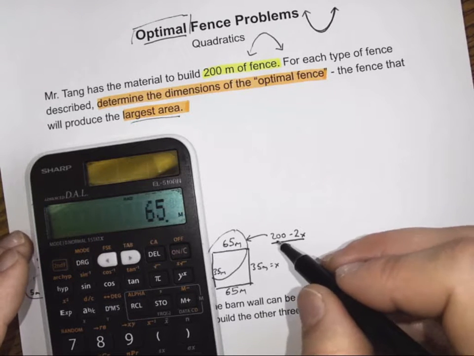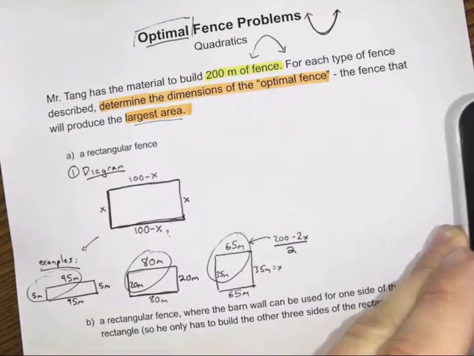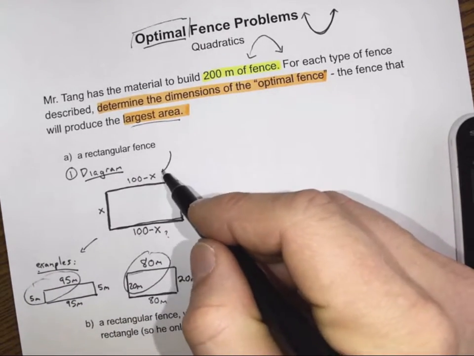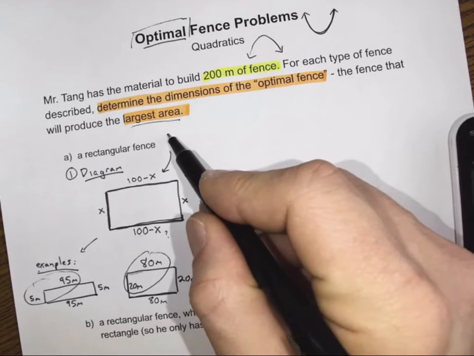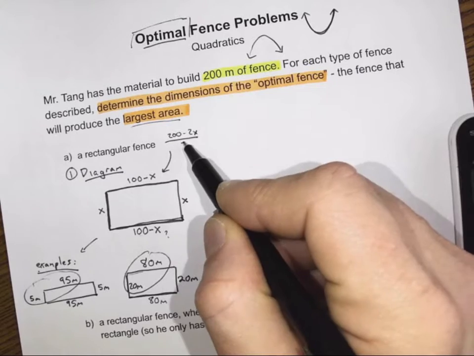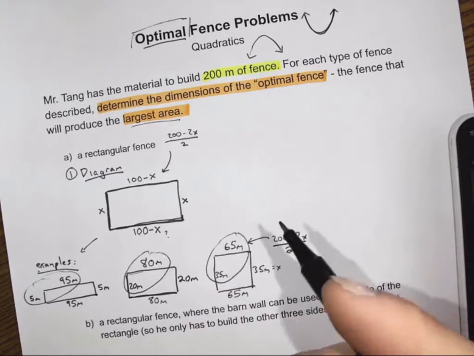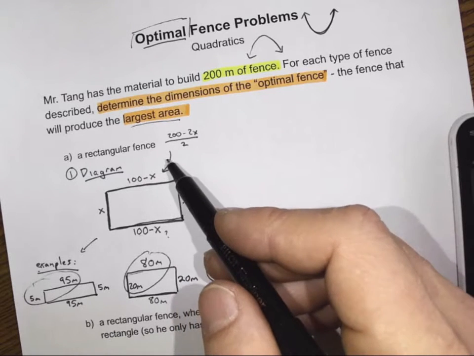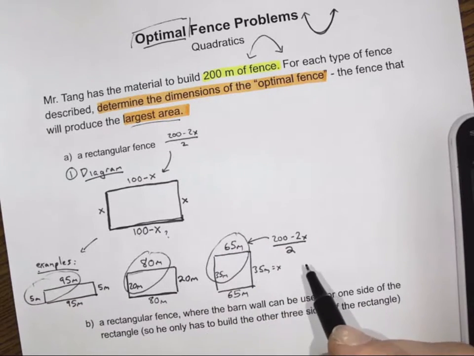So that is also another way we could represent this value. We could also say, if we wanted to, that is actually 200 take away 2x divided by 2. It's a little bit more cumbersome an expression to write, but maybe it makes a little bit more intuitive sense to us.